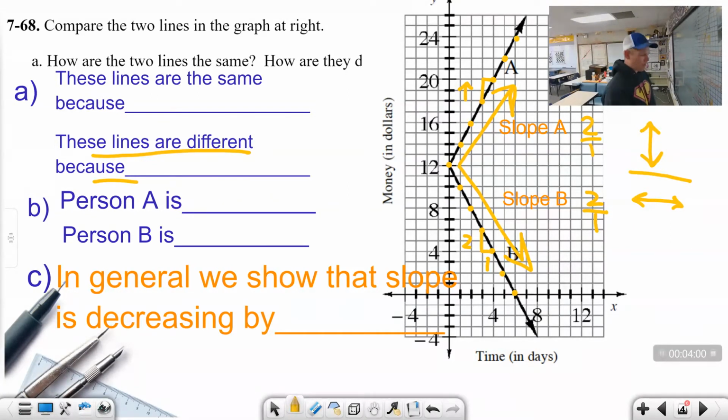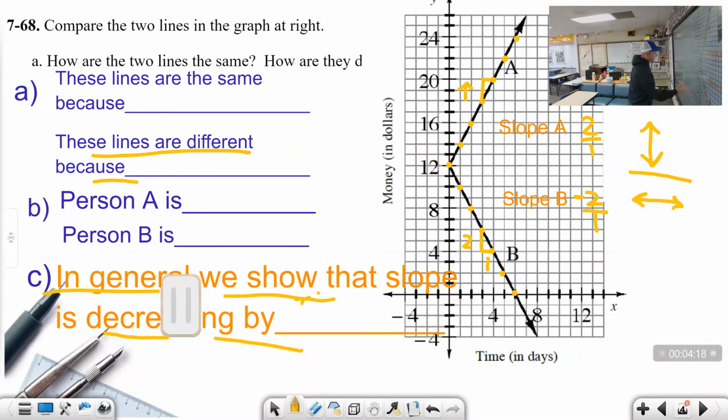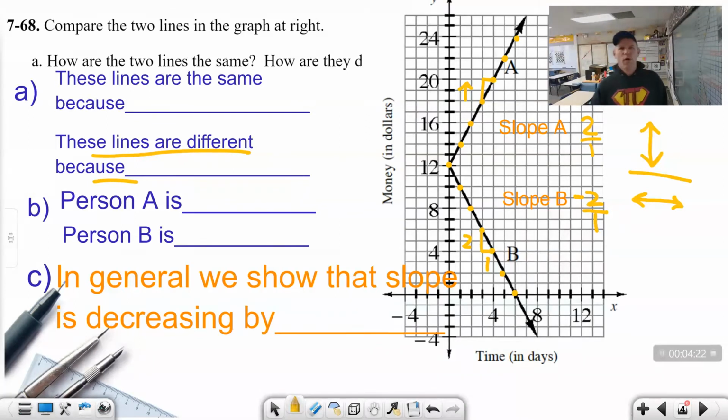Well, if one is going uphill, positive, and the other is going downhill, what did I need to include? I need to make sure that the slope is negative. And in general, we show that slope is decreasing by using a negative sign. That's what we need to make sure that we include.